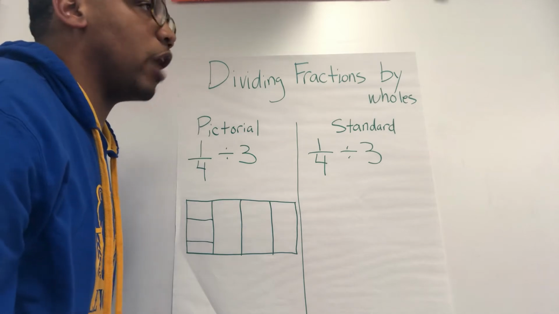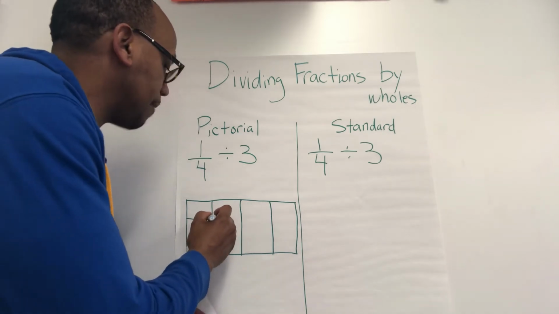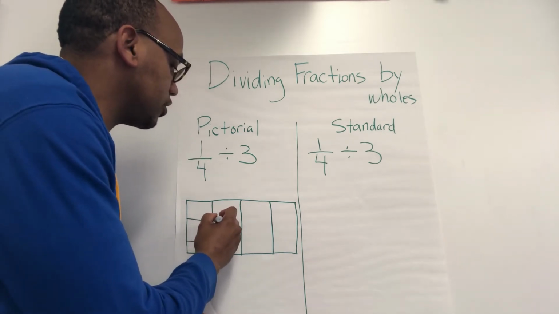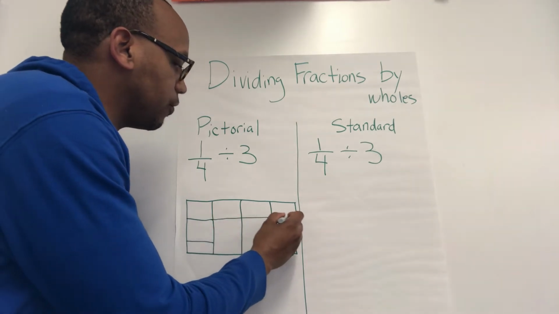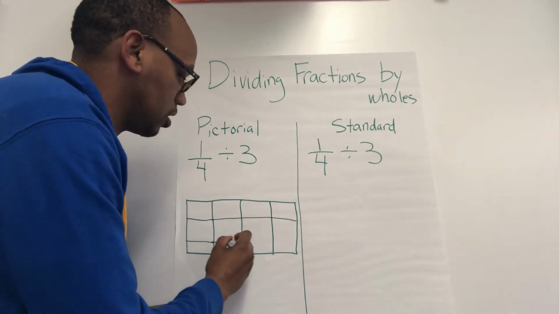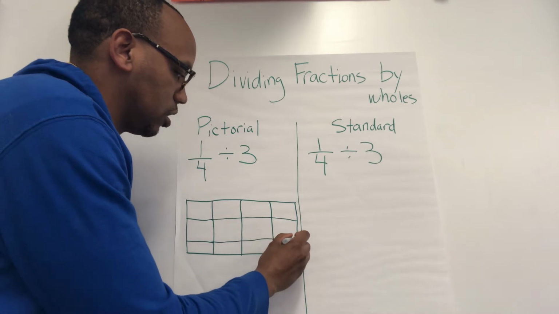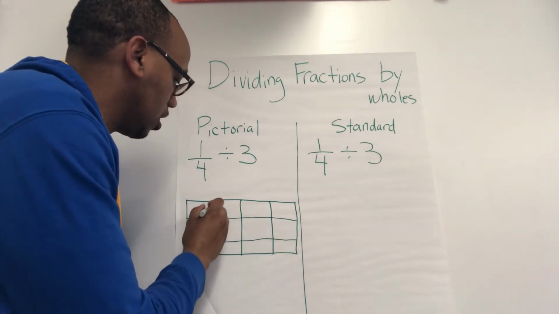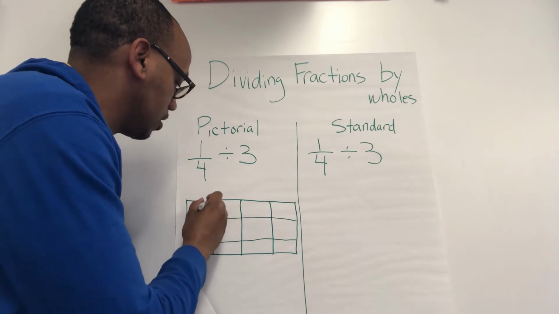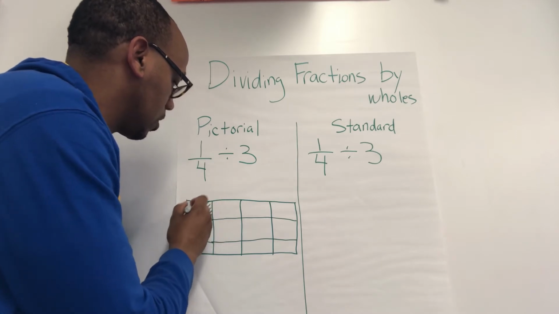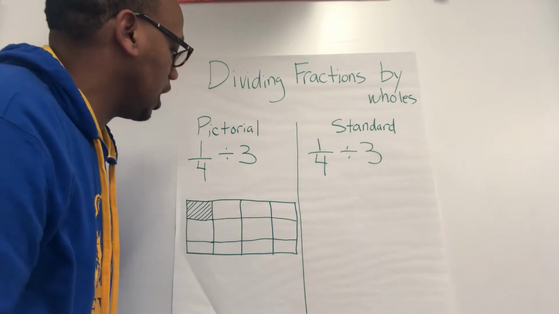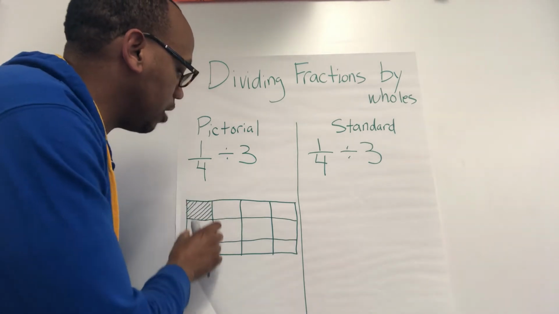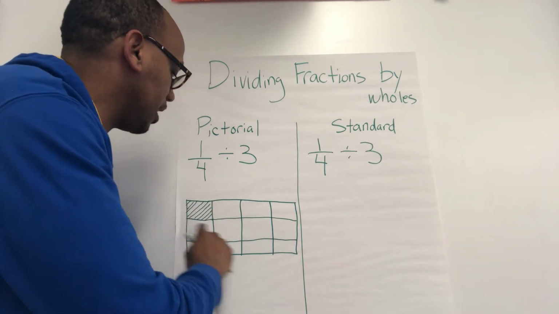To see the full answer, all you'd have to do is continue to partition the other fourths and then shade one of the pieces. Now you have that 1/4 divided by 3.